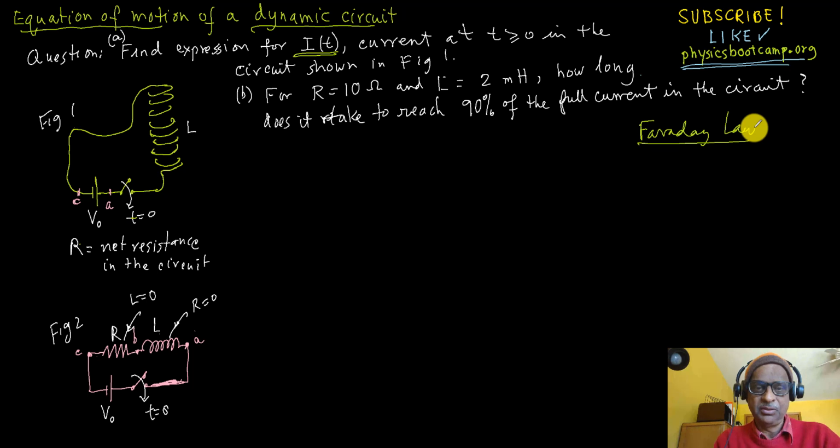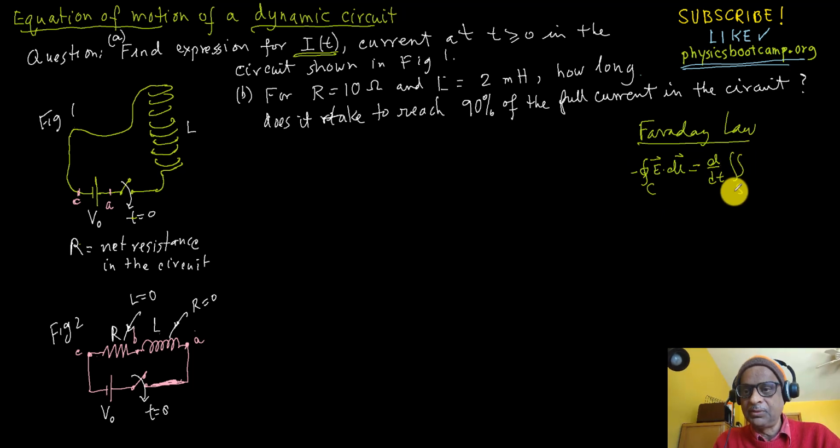So what is Faraday law? You have the integral of minus E dot dl. I like to think of this as oriented. So this loop has an orientation, is d by dt. And this surface is also oriented. Use a right-hand rule. So this C and this have a relationship of right-hand rule.